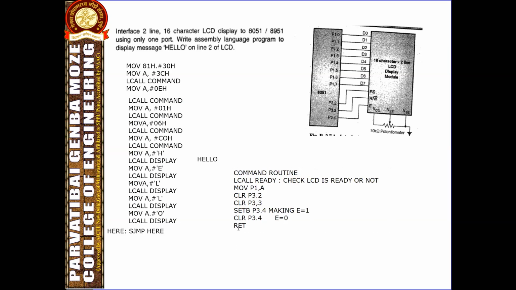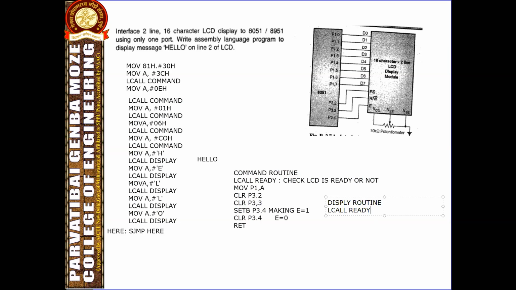So similarly, we have to write the code for the display subroutine. There is a subroutine operation to write. So this is the display subroutine. Here we have to call lcall ready.